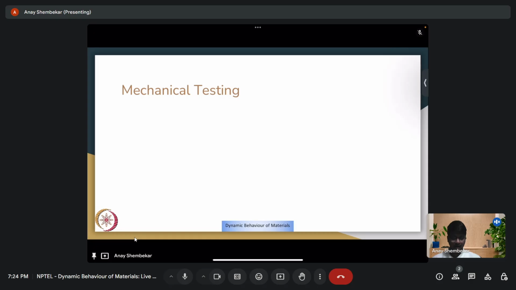So, how do we arrive at all these cases, how do we test different materials? That's an important question. The first type of testing that we are going to look at is the compressed gas machine. Remember that our aim is to see how stress varies as a function of strain and strain rate both.